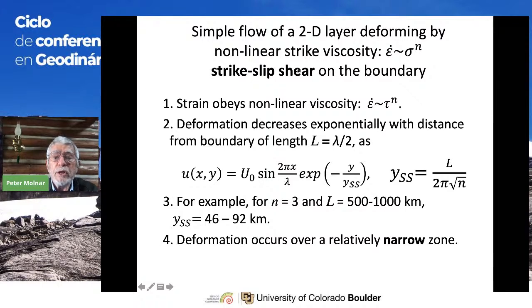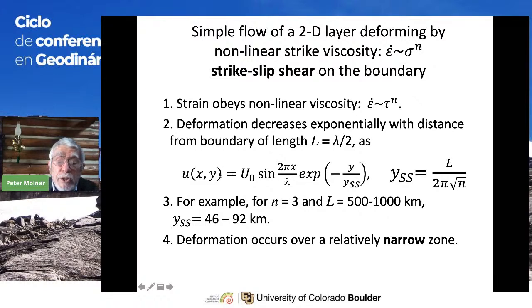It's strike-slip shear, and it's nonlinear viscosity, strain rate varying with stress to some power n. The deformation decreases exponentially with distance, where now L is the width of the boundary that's imposing the strike-slip boundary condition on the deforming medium. That's essentially half the wavelength.